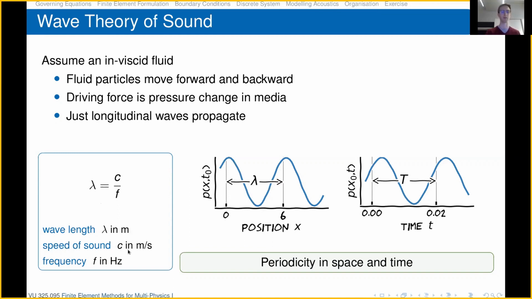And there is this common relation between wavelength lambda, speed of sound c, and frequency f that determines the wavelength for acoustic waves that are non-dispersive.